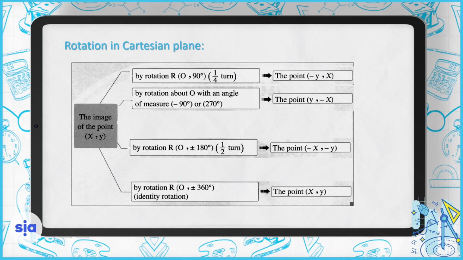By the rotation R(O, plus or minus 180), a half turn, the point becomes (-x, -y), where the rotation R(O, plus or minus 360) remains as it is, so it's the point (x, y).